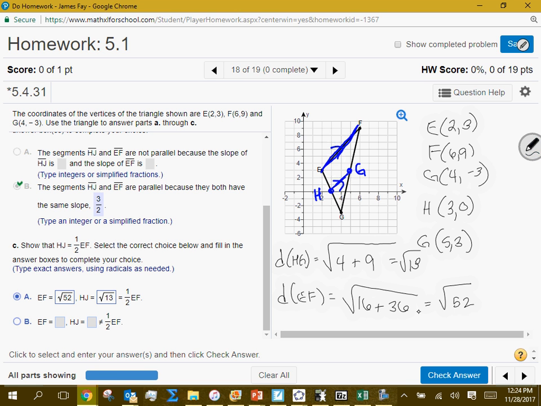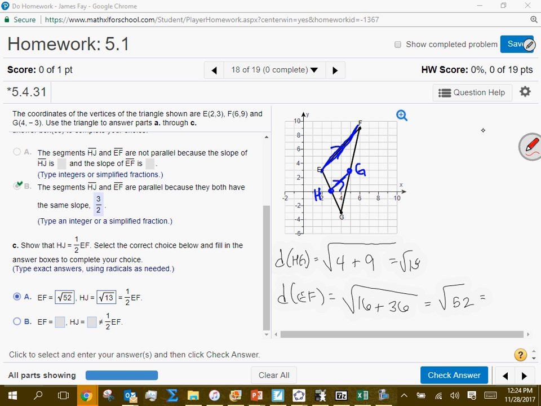If I go ahead and look at 52, radical 52, let me just create some room up here. Radical 52 is equal to radical 4 times radical 13. Okay? 4 times 13 is 52. Take the square root of 4, you get what? 2, right?